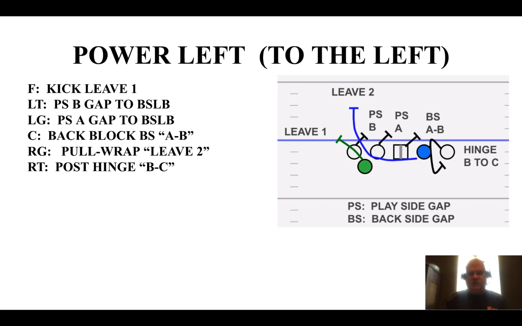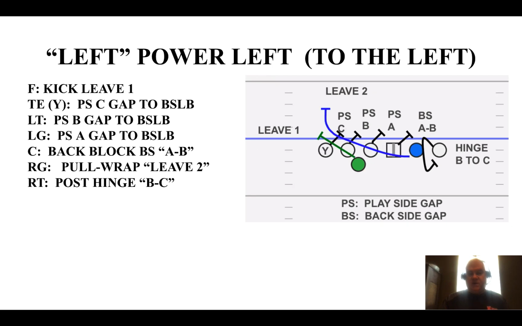Okay, so this is just the basic diagram right here where you can see about how everything fits your general rule that we just covered. Here, the fullback's strength is to the left.